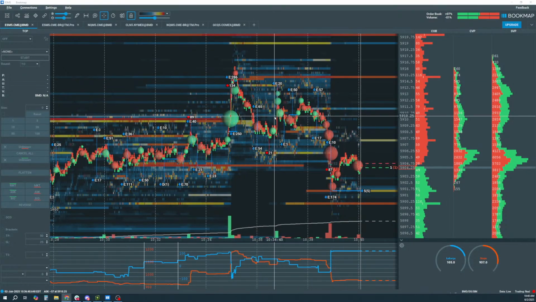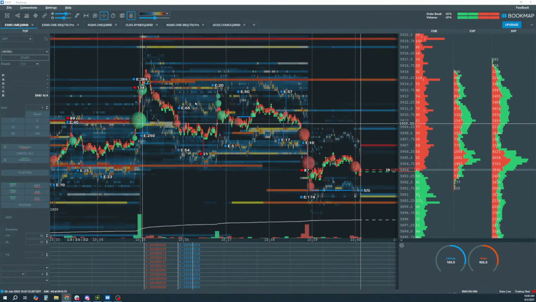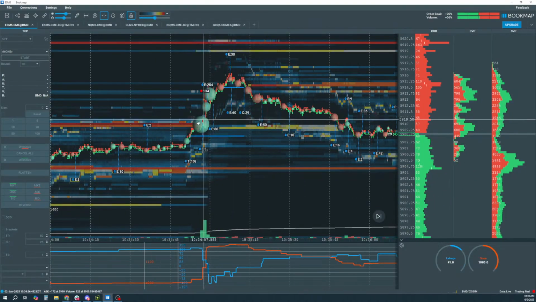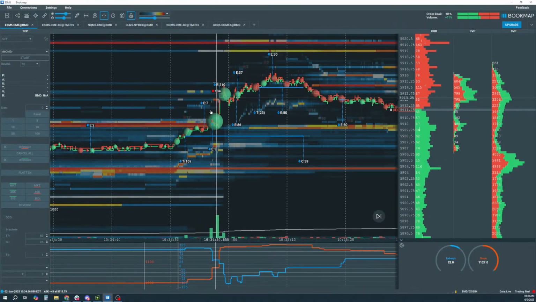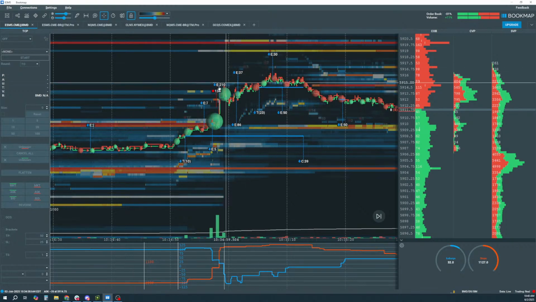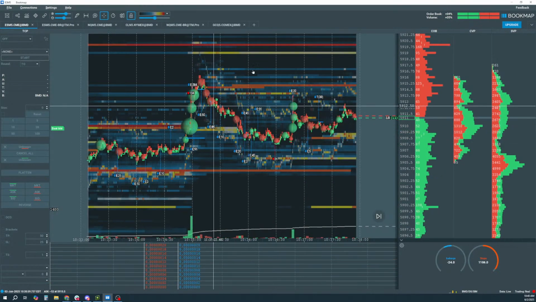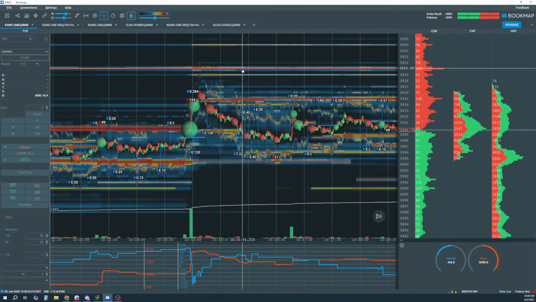I think it's amazing transparency, and I think it adds to me coming up with this possible scenario of understanding that this move here is a big stop run. And then I also see that the market went a bit higher, but we see all these icebergs getting filled along the way. So are we going to make it back up to here?